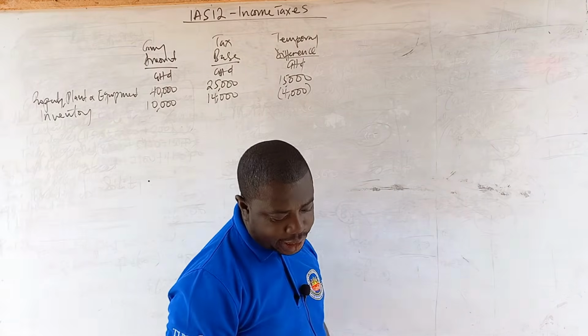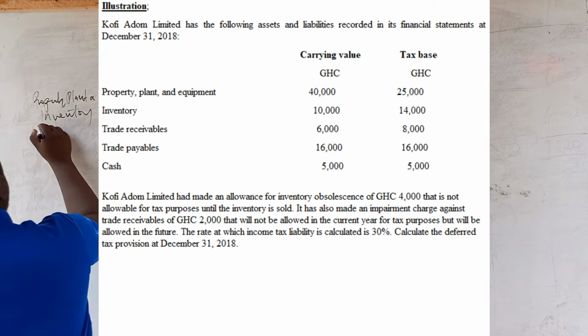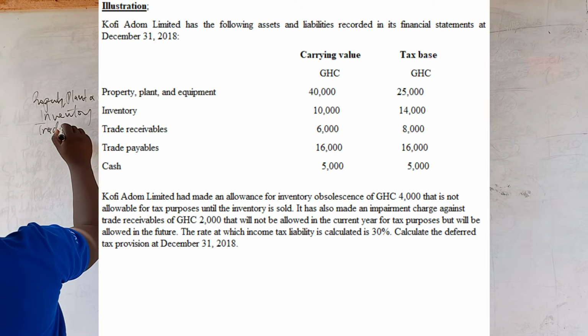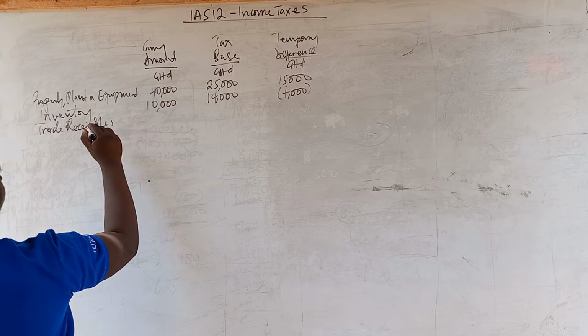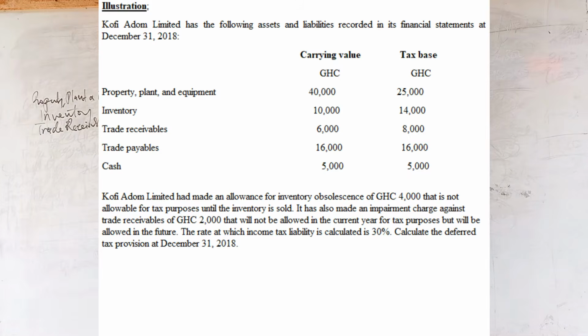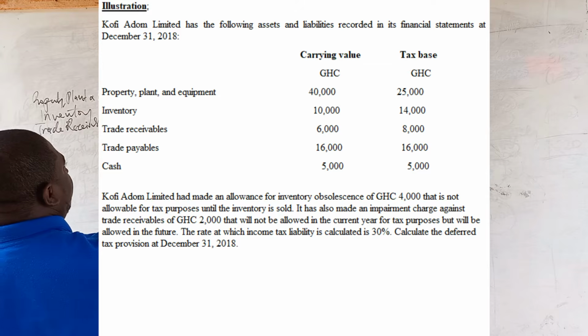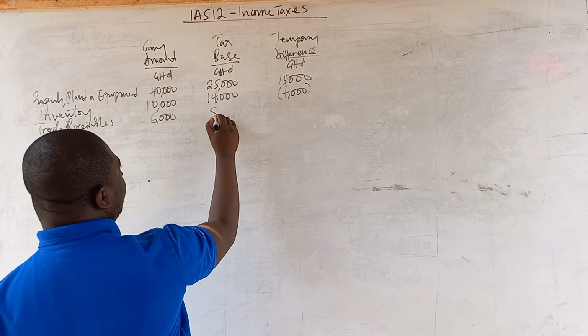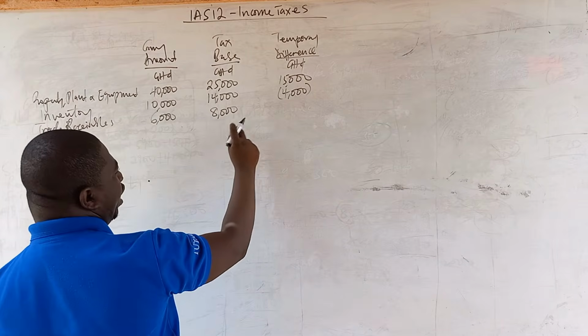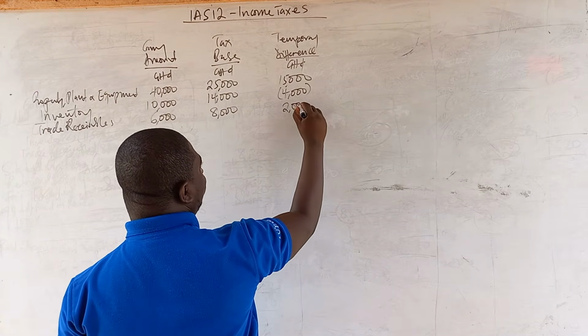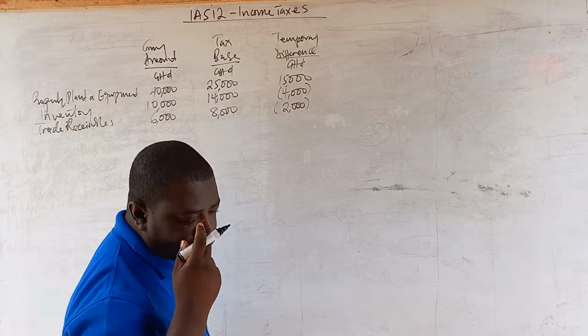And then the next item we have is trade receivables. So we do for all the assets and liabilities together. Trade receivables, 6,000 for carrying amount, 8,000 for tax base. So the temporary difference, if you compare, is 2,000. So you put the 2,000 in bracket as well.